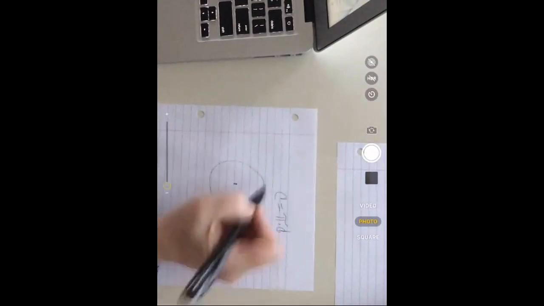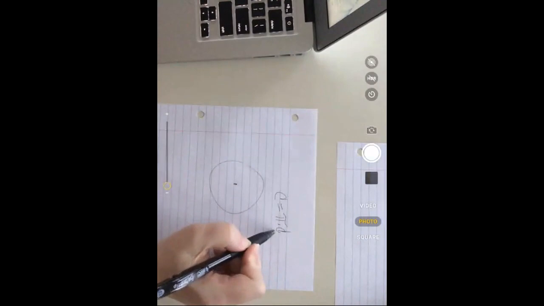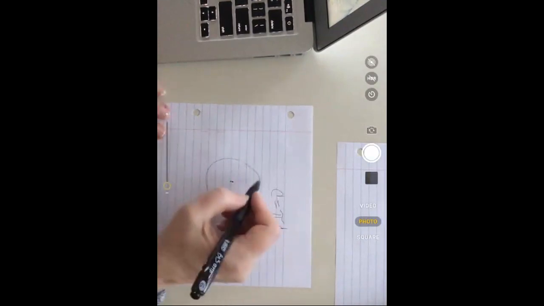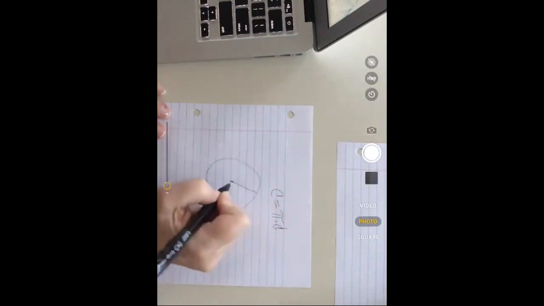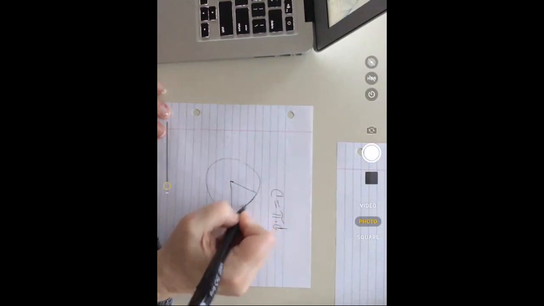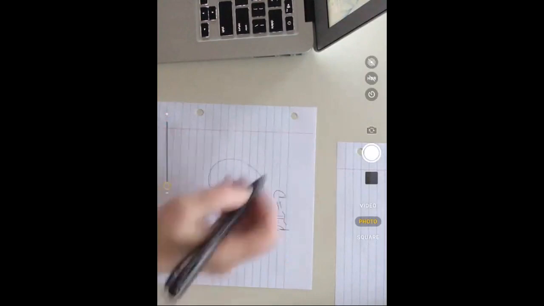But so the distance around a circle is pi times the diameter. And arc length, an arc is just a part of the circle. So if I have an angle here and I just want to know what this distance is, I can find that arc length real quickly if I know what this central angle is.